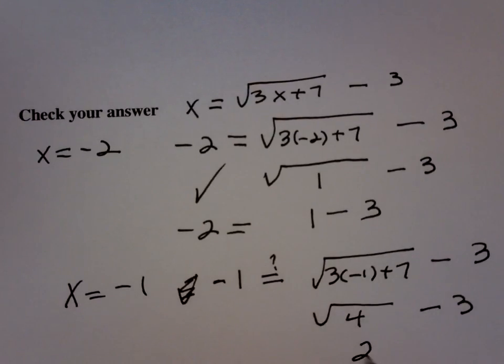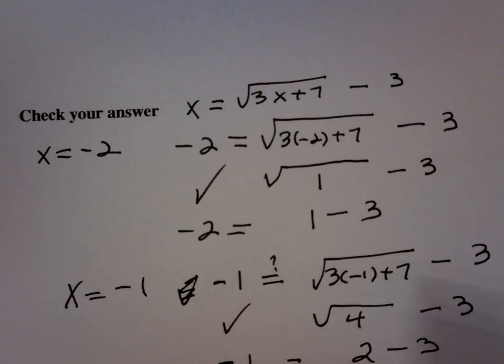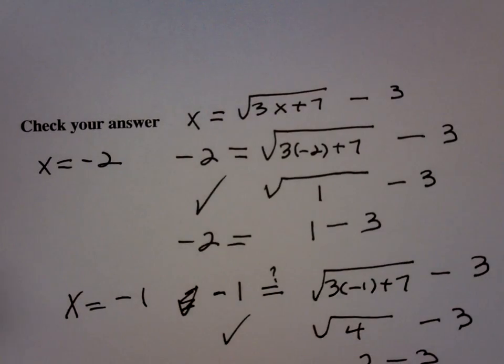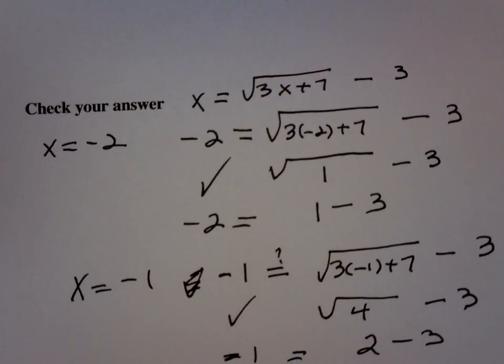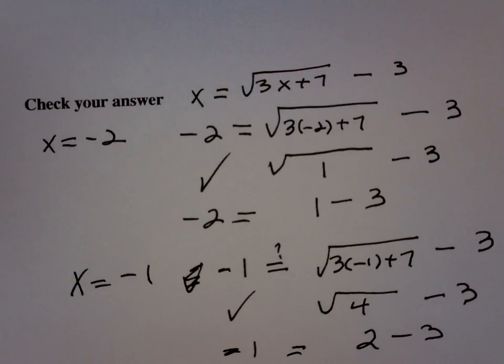Square root of 4 is 2, subtract 3. 2 subtract 3 is negative 1, and it checks. Both of them check. So I have 2 answers. Negative 2 and negative 1.